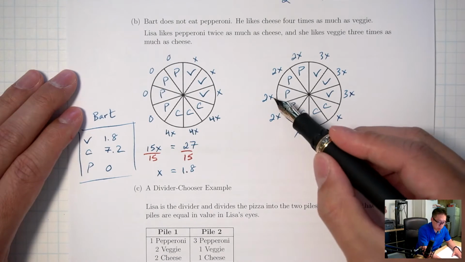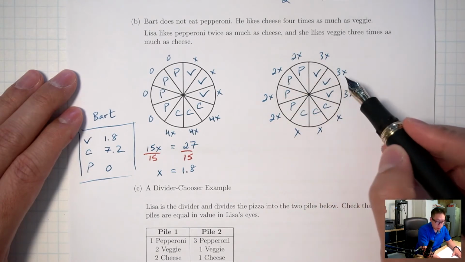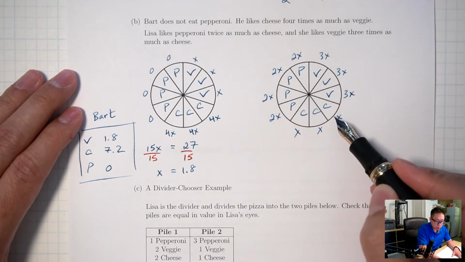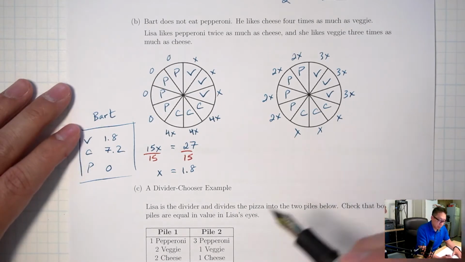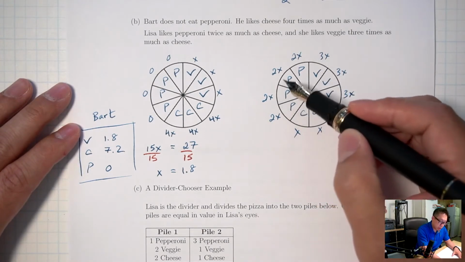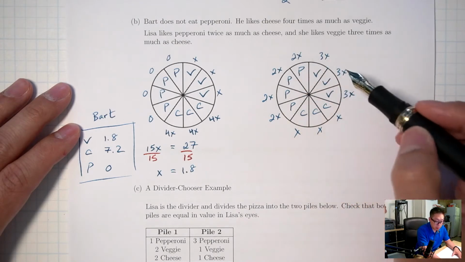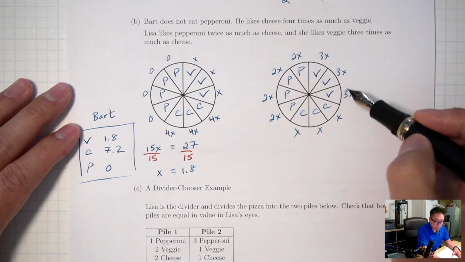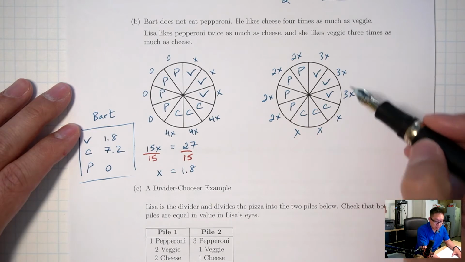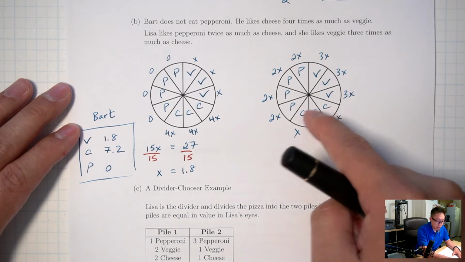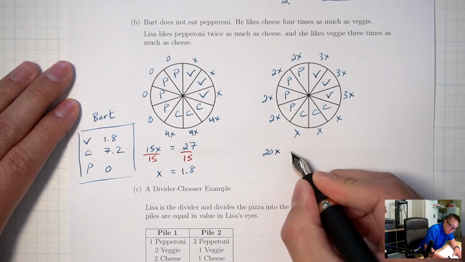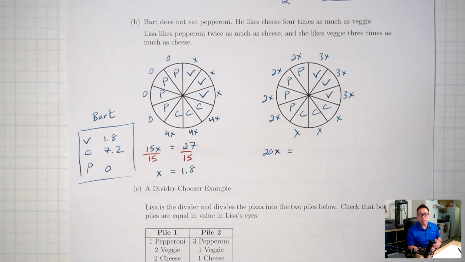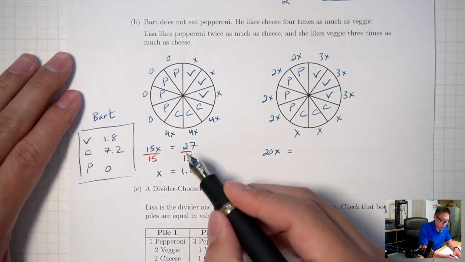Add up the x's around the pizza. So this is 2 plus 2 plus 2 plus 2 plus 3 plus 3 plus 3, and then plus 1 plus 1 plus 1. If there's no number, it's 1x. The 2's, 2 plus 2 plus 2 plus 2 is 8. The 3's are 9. So 8 plus 9 is 17, 18, 19, 20. So 20x. Set it equal to the value of the entire pizza, which was the 27.